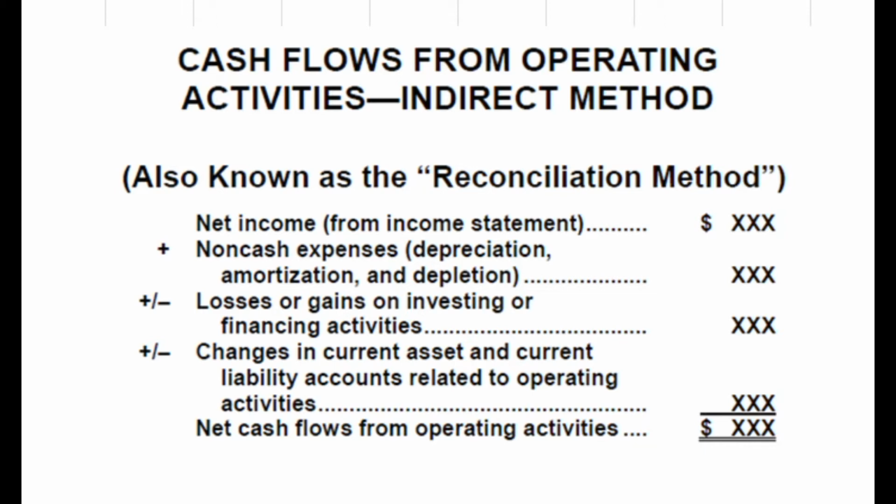The first step is we're going to add back non-cash payments such as depreciation and amortization. You should remember in Accounting 1 where you did an adjusted journal entry at the end of the accounting period to make sure you have proper matching of revenue and expenses, such as recording depreciation expense. You would have debited depreciation expense, for example, depreciation expense truck, $1,000. You would have credited accumulated depreciation truck, $1,000.